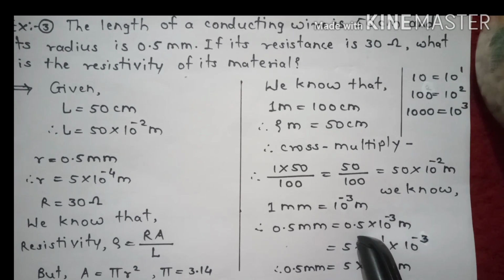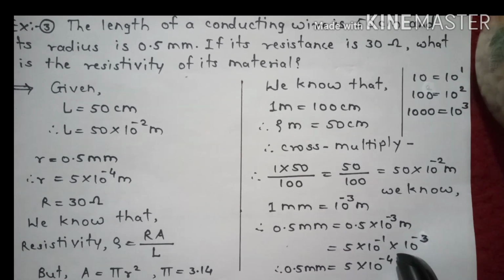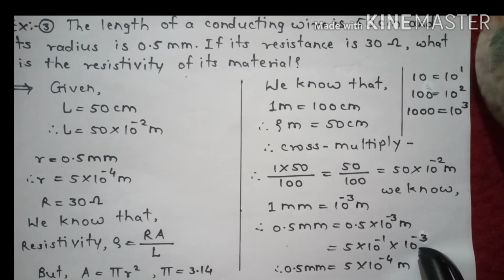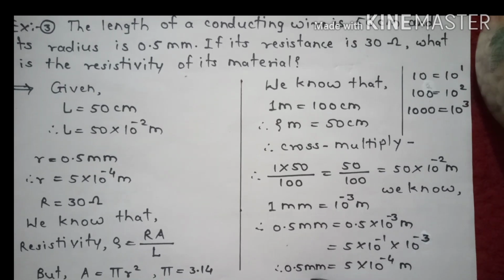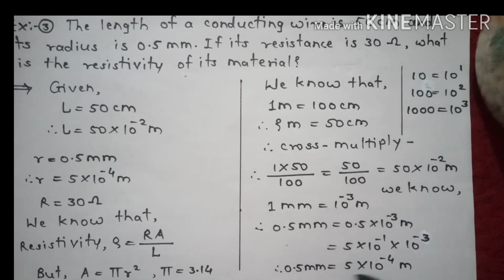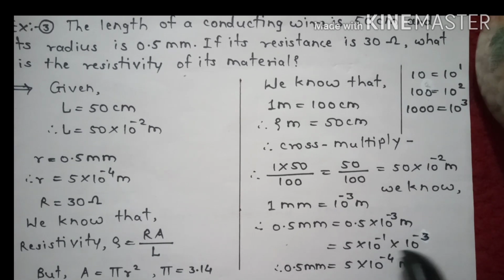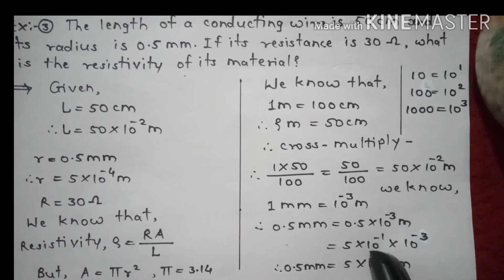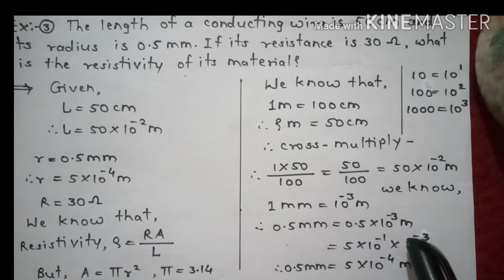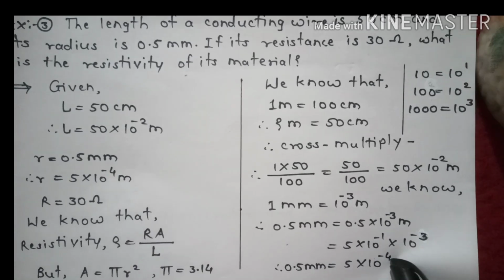This 0.5 we can write 5 into 10 raised to minus 1 into 10 raised to minus 3 as it is. So 0.5 millimeter is equal to 5 into 10 raised to minus 4 meter. Here we use laws of indices. If bases are same, then we can add their indices, means minus 1 minus 3 will become minus 4.